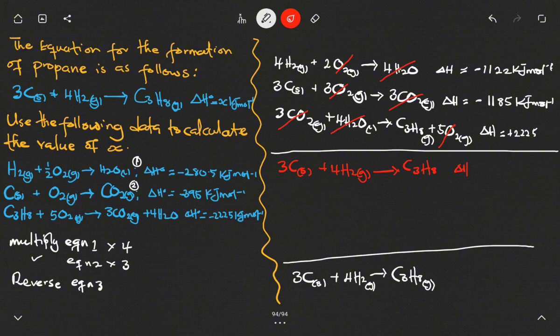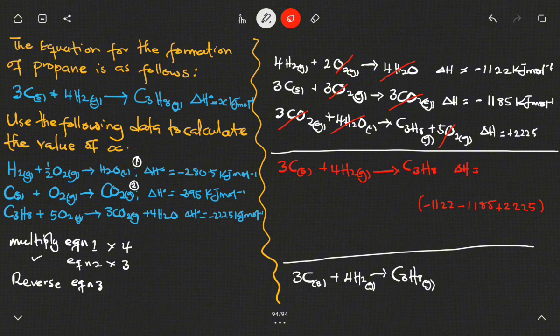So enthalpy change here is going to be minus 1122 minus 1185 plus 225 kilojoules per mole.